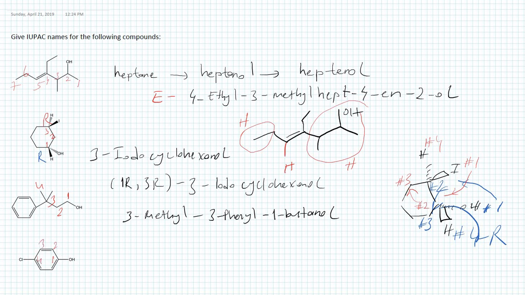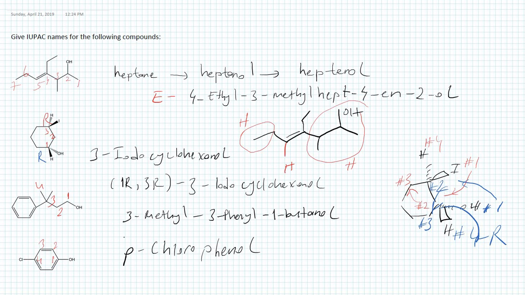So this is 1,4 substituted, and according to IUPAC, the ortho, meta, para naming system should be used with disubstituted benzenes. So this is 1,4, which is para. Let's write this with the black marker: para-chlorophenol, because hydroxybenzenes have to be named as phenols.